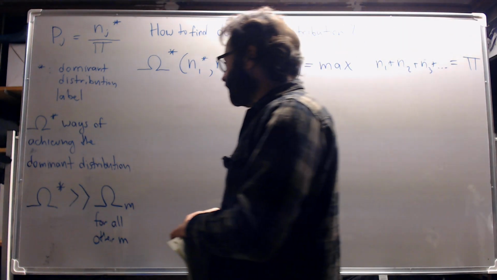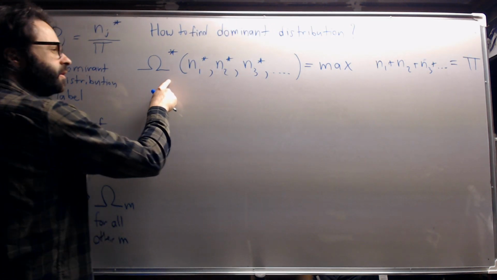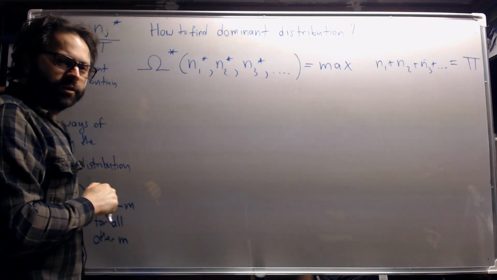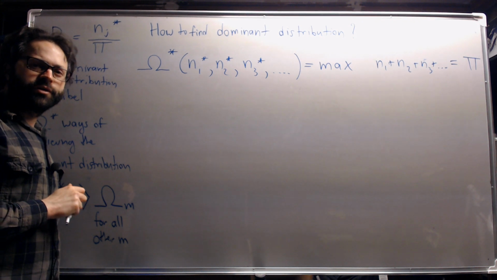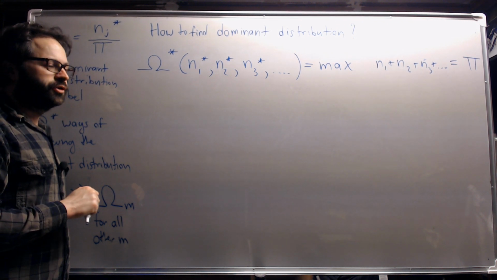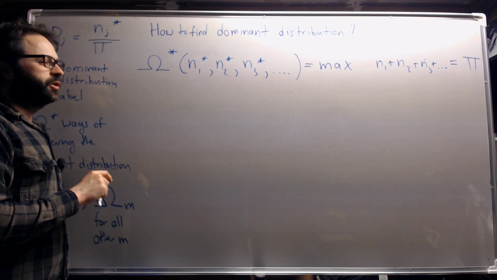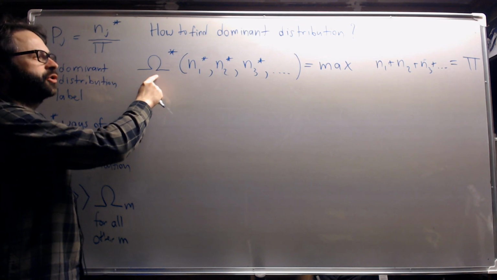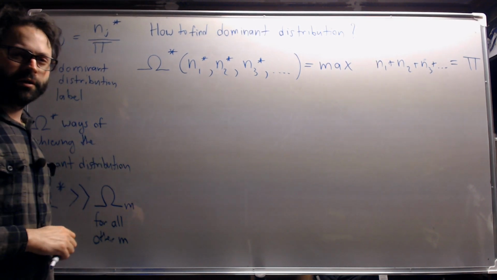So we have to find the maximum value of omega. And remember, in single variable calculus, let me remind you again, we mentioned this in our Zoom meeting just recently, that when you're maximizing a function of a single variable, you're setting its derivative equal to 0.